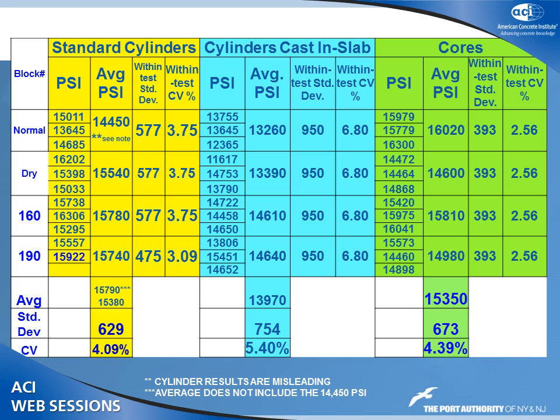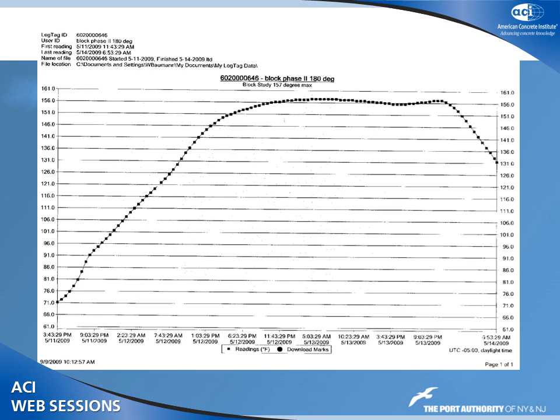So that's what we got when we tried to find out how much we are damaging these cores, and how much of this reduction in strength should be attributed to coring. Based on this, not a lot, assuming that the cores were done reasonably well. Here's the temperature curve, when we tried to get the cylinders in the slab to 160 degrees, and it almost took us 2 days to get there.